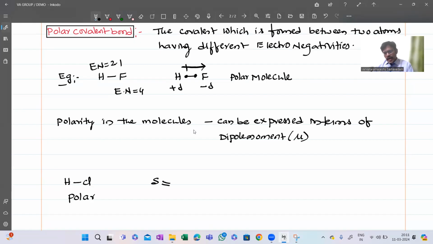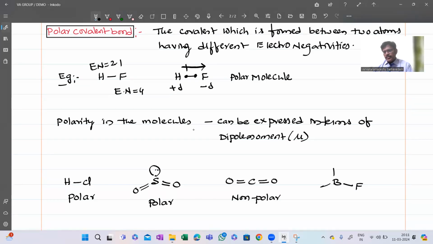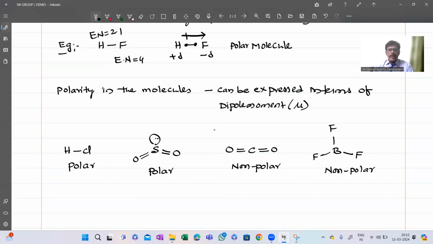If we take sulfur dioxide, it is also polar. Sometimes we have carbon dioxide, which is a non-polar molecule. If you take the BF3 molecule, it is also non-polar. That means whether a molecule is polar or non-polar is completely based on the resultant migration of electron density towards the more electronegative atom.